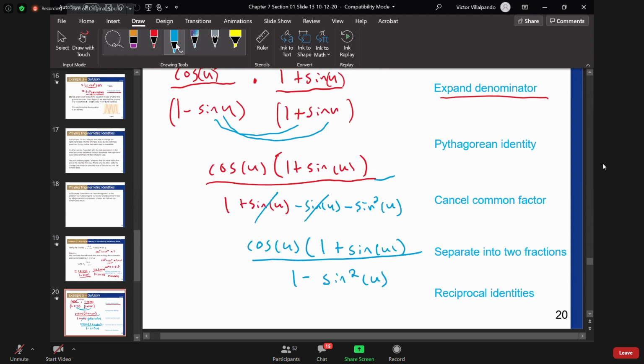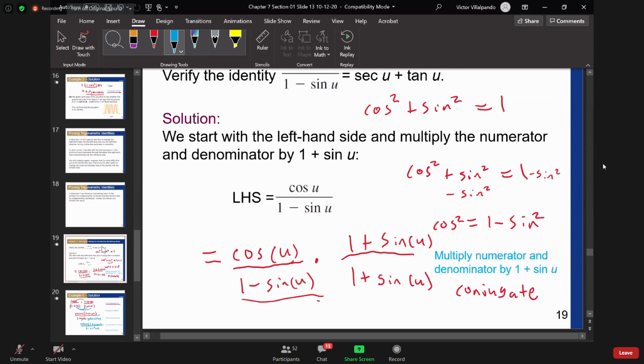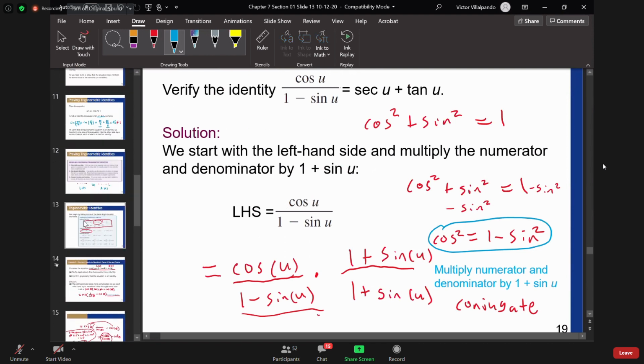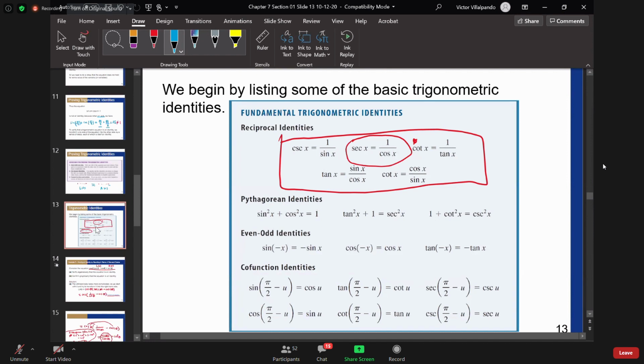All right, let's take a look. Earlier, what did I say that 1 minus sine squared is going to equal? Once again, what are we using? The Pythagorean identity? Yes. So once again, we're using the Pythagorean identity right here. Notice, even in chapter 5, even in chapter 6, this is the one that's real popular.